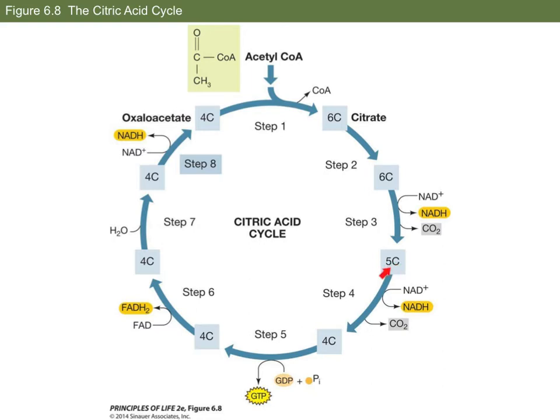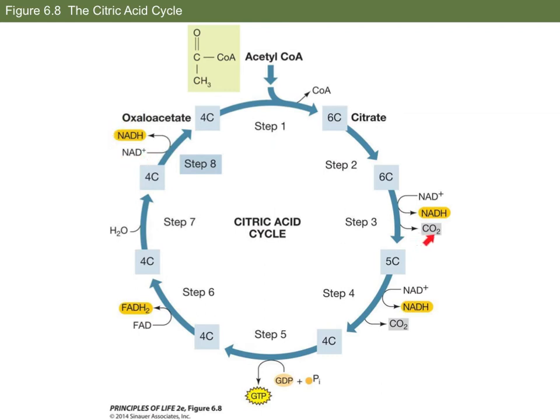And the way that we do that is by releasing carbon dioxide in the process. This reaction, or this enzyme, sometimes needs the help of our friend NAD+, which is reduced down to NADH. You can see that this happens 1, 2, 3 times during the Krebs cycle.